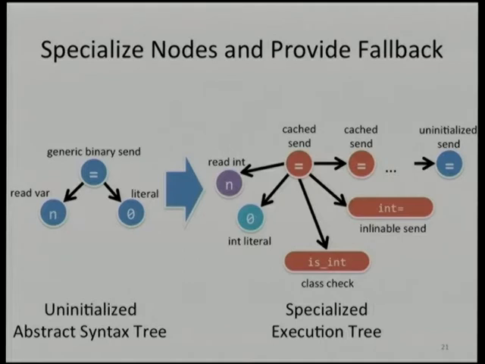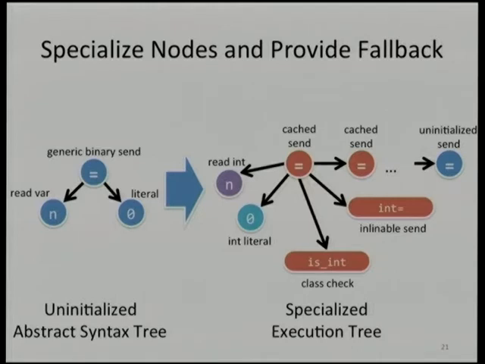So one thing you can see here indicated with the colors, that variable read, for instance, became a read of an integer to avoid the overhead of boxing on a JVM, for instance. And that generic binary send converted into a cached send. There's a couple of extra nodes.